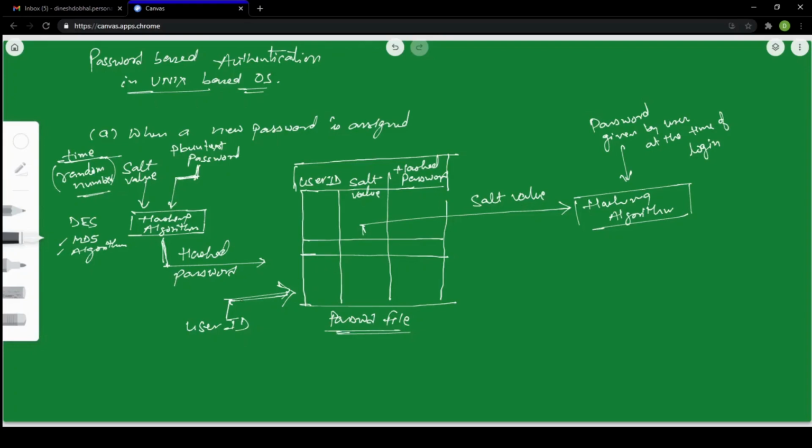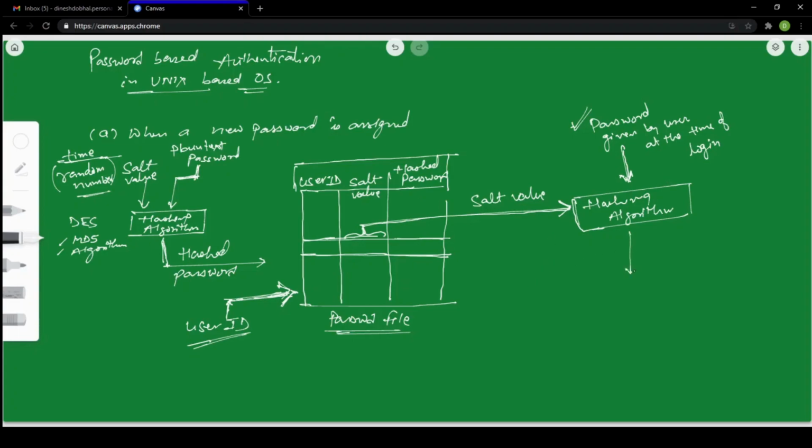I'm repeating the last few lines. When a user wants to log in into the system, the user will supply the user ID and a password for the authentication process. The user ID is used to search or index his or her entry into the password file. If it is found, then the salt value which is stored for him is given as an input to the same hashing algorithm. The algorithm is also provided the password given by the user at the time of login as an input.